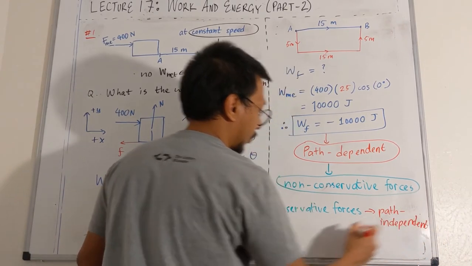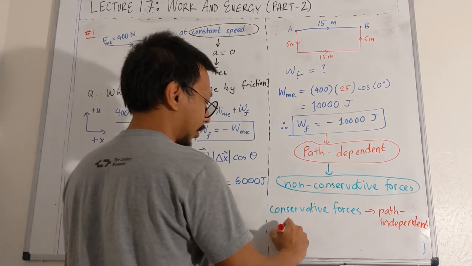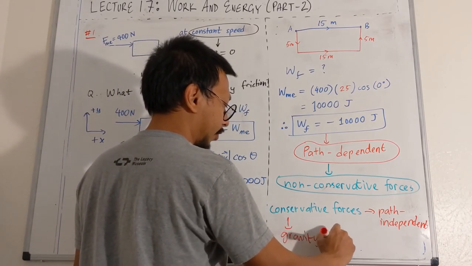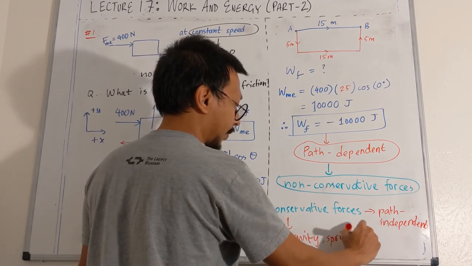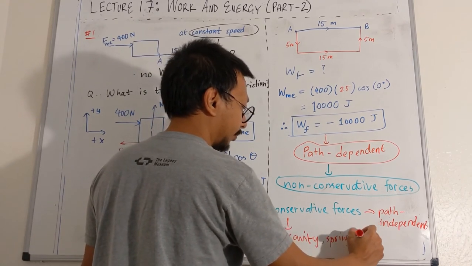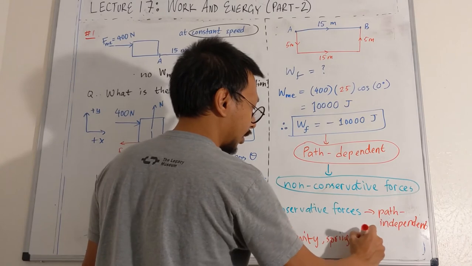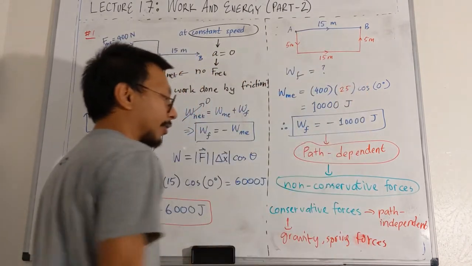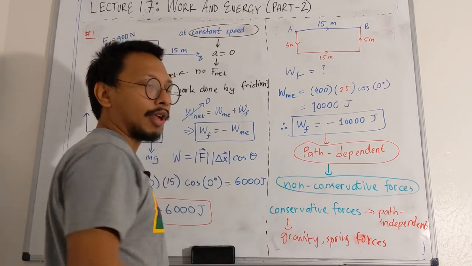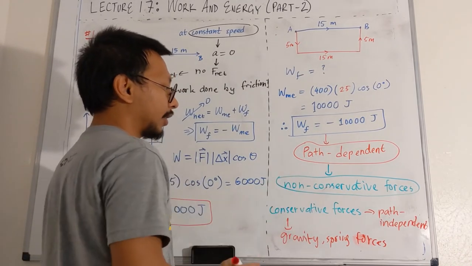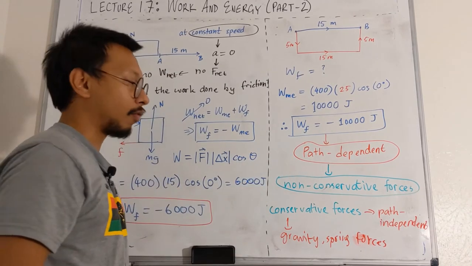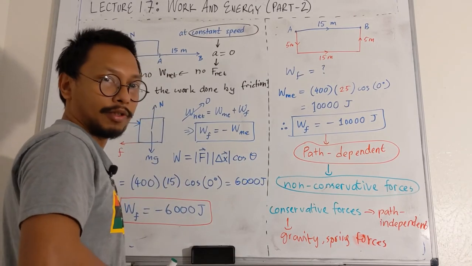So conservative forces like gravity and spring forces, which we'll meet shortly, they only care about what is your starting point and what is your finishing point. They don't care about which path you take. And so this is a difference between friction and forces like gravity and spring forces.